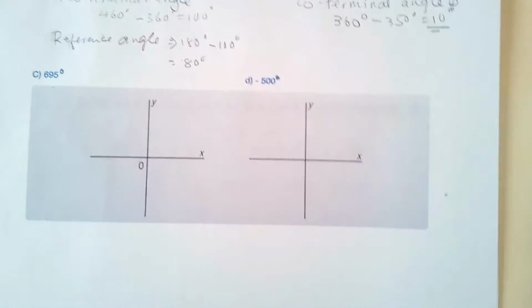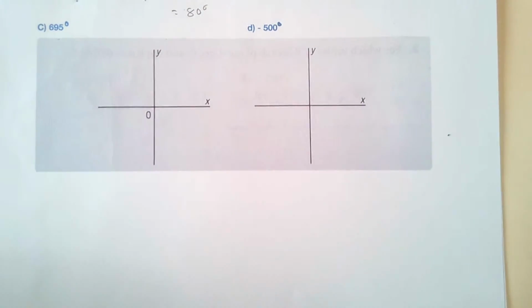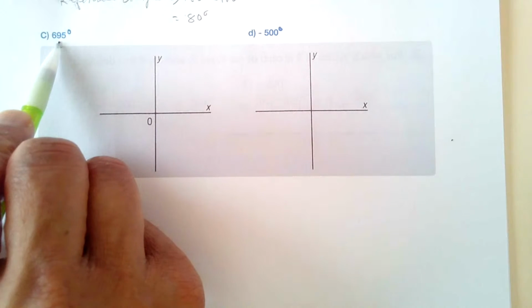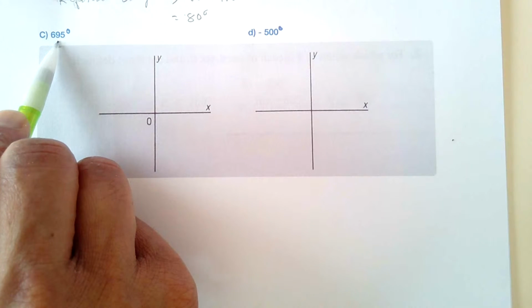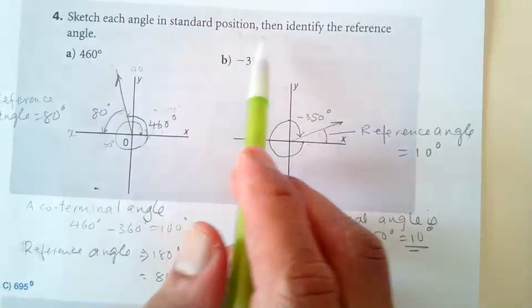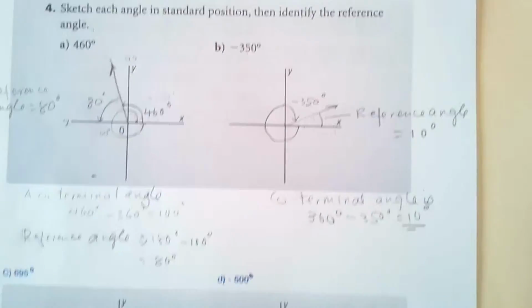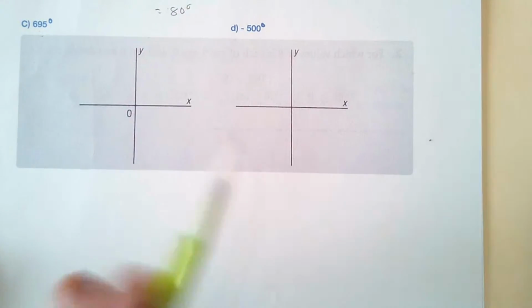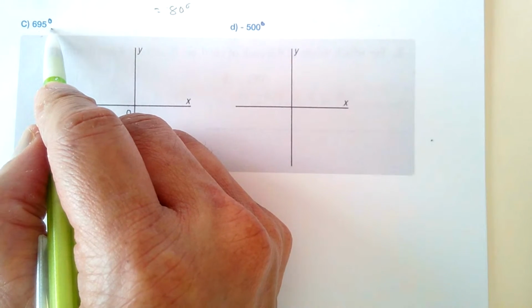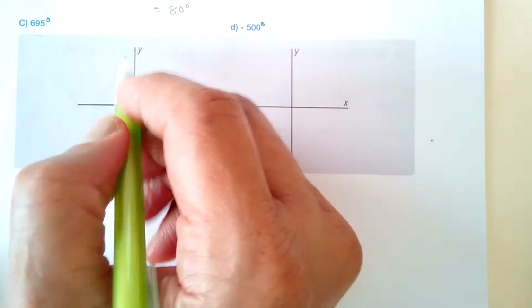Okay, let's look at the last two here. The last two questions we're looking at: sketch the angle in standard position first, and then identify the reference angle. So we need to find the reference angle. 695 degrees, right? So we'll look at that one.